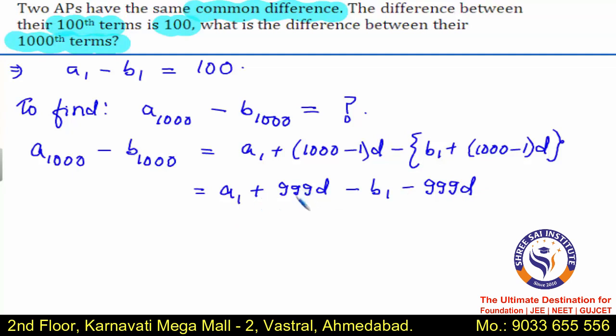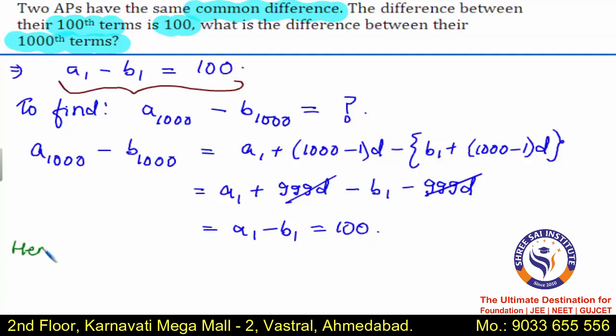So plus 999D cancels out with minus 999D. This is equal to A1 minus B1, and the value of A1 minus B1 is 100. Therefore, this is equal to 100.